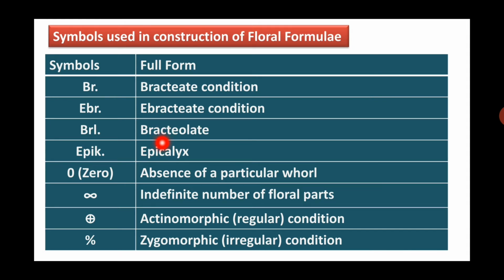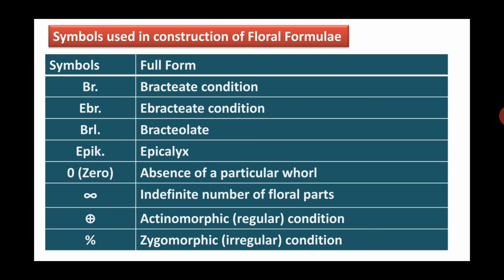Brl dot means bracteolate condition. That means flower is having bracteole. Epik dot, that is epicalyx, means flower is having epicalyx. For example, in Malvaceae, epicalyx is present. 0 in digit or 0 in words means absence of a particular whorl. Infinity symbol means indefinite number of floral parts.